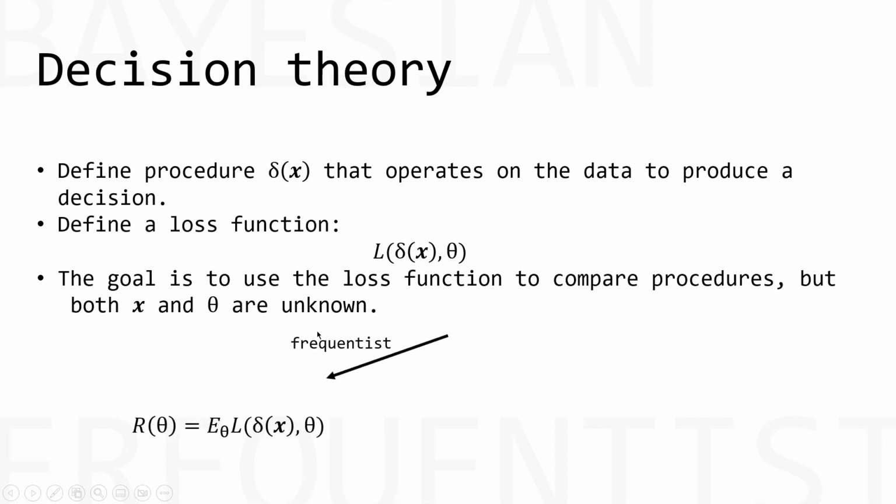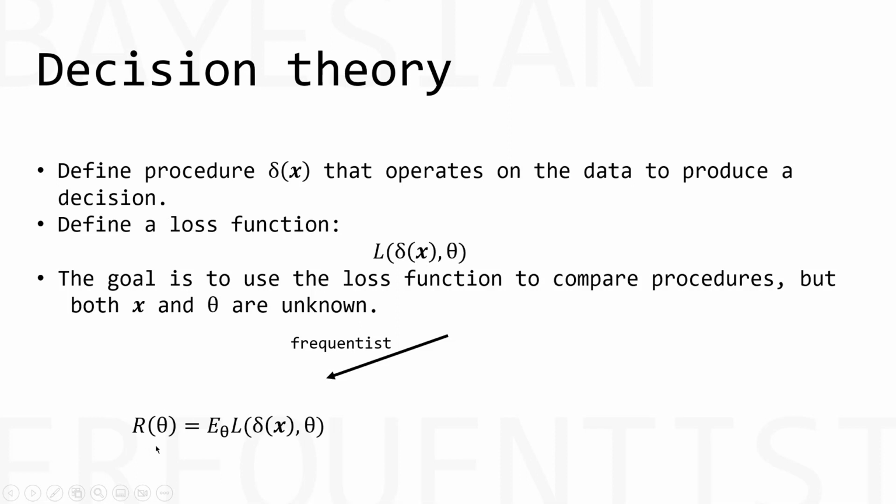Let's take the first case, which can be seen as the frequentist approach. We take the expectation over x. But with respect to what probability distribution? Well, we take the same theta that is in the loss function. We consider a bunch of thetas. We take the expectation over x with different theta values, and this way we get rid of the x part.